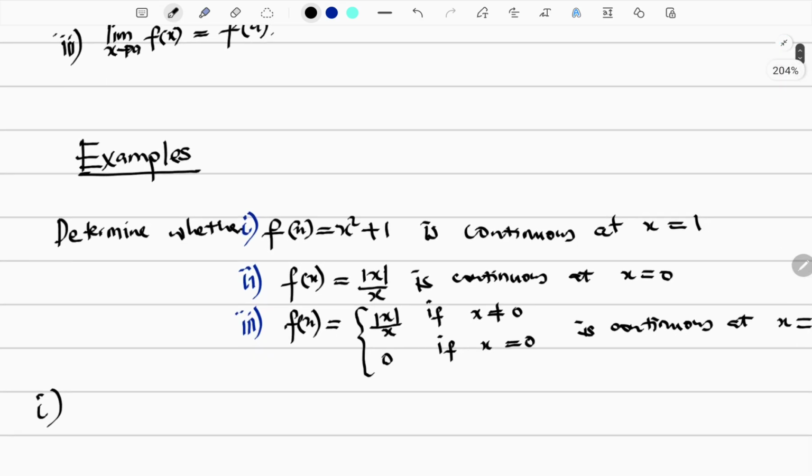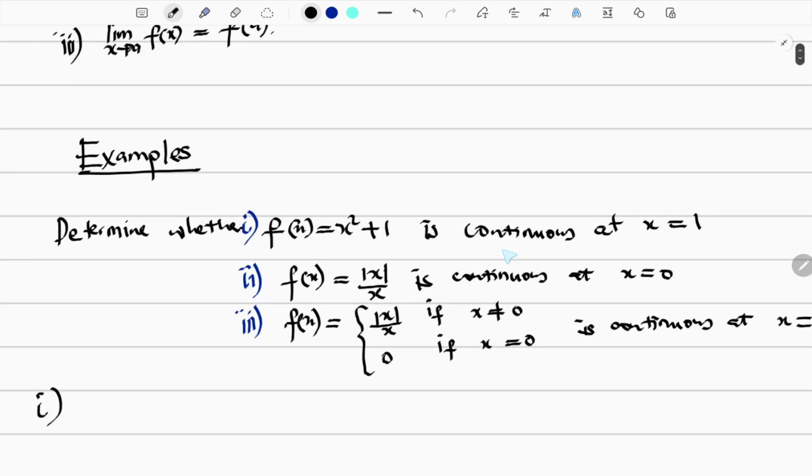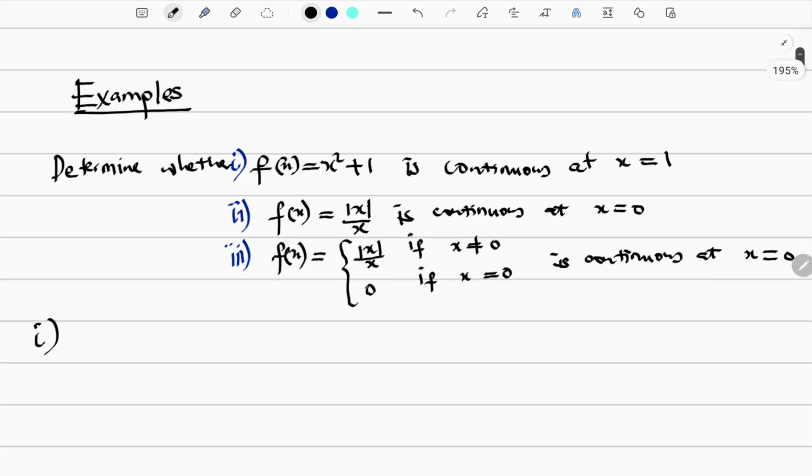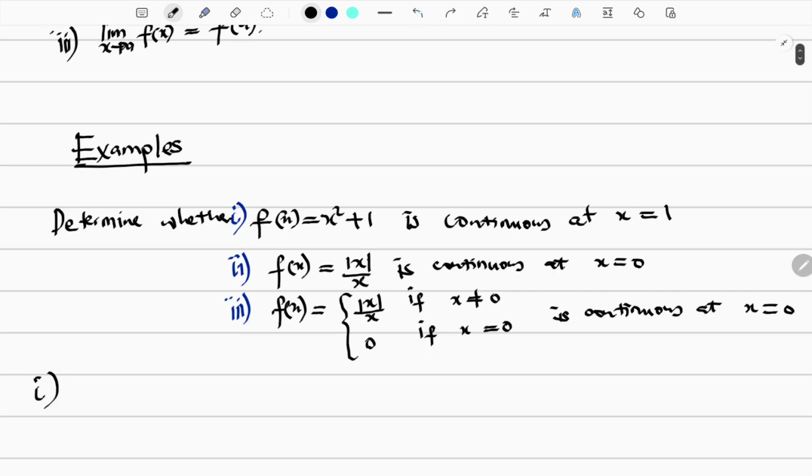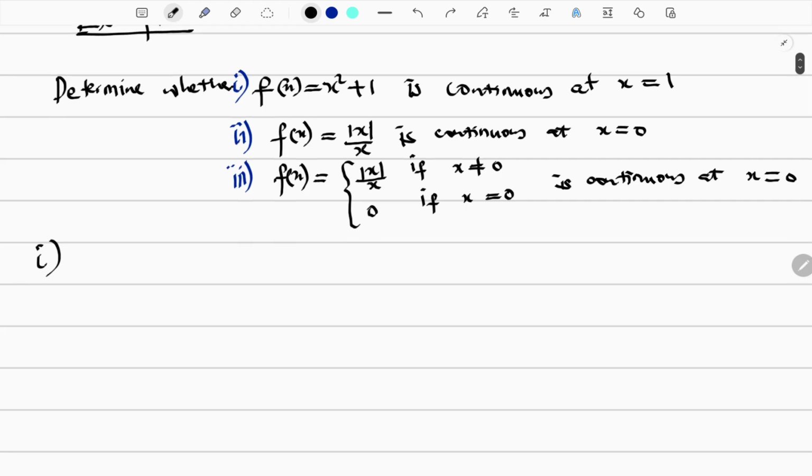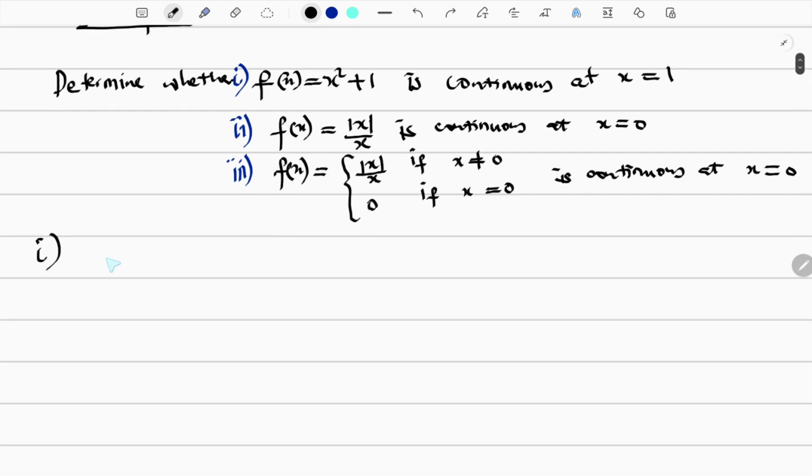So as an example, we have f of x is equal to x squared plus 1, and we want to test whether it is continuous at x equal to 1. Since we know that we have 3 points which we should test, for part 1 we are going to say f of 1 is equal to 1 squared plus 1, which is equal to 2.